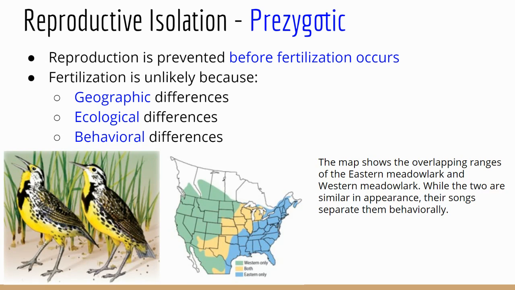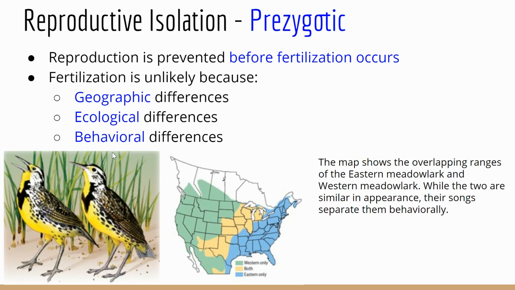This can also be due to ecological differences and even behavioral differences, such as a bird's song. So, two birds who actually look pretty much alike, like you see in the picture here, they might have two different songs.